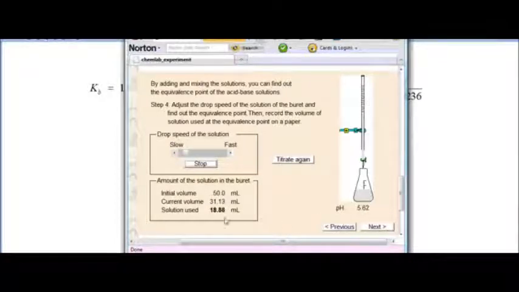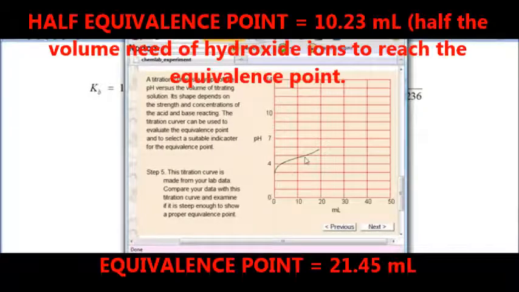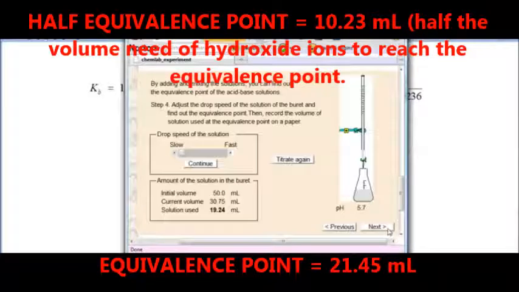Okay, so 18.9 there. Okay, so again, we're trying to get to 21.45, and notice that the pH will start taking off here. We have to be beyond our half equivalence point here, so it's right about there is our half equivalence point.